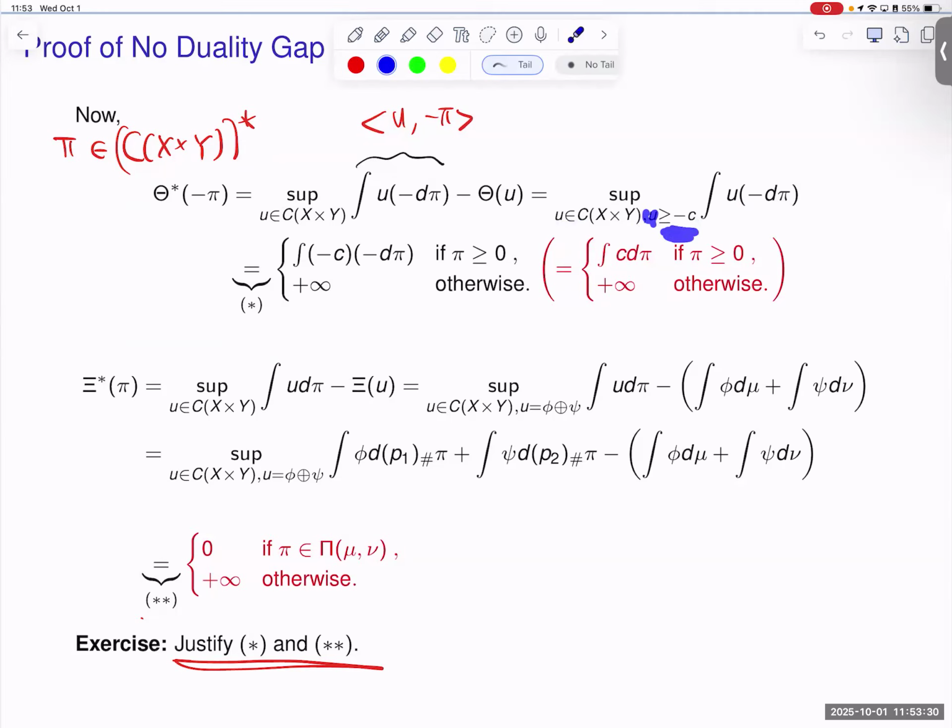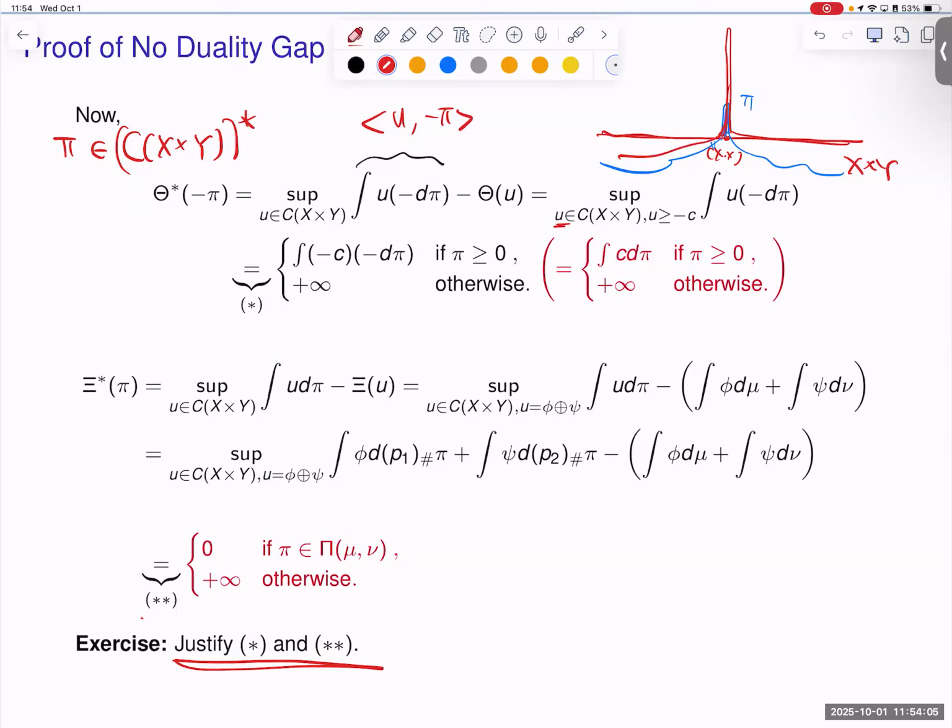It does not have any upper bound, right? So if a value is positive, let's say this is the space of x and y, and pi is negative somewhere, then you can make this u concentrated on this part, and on the other part you can just make it 0, or even negative.